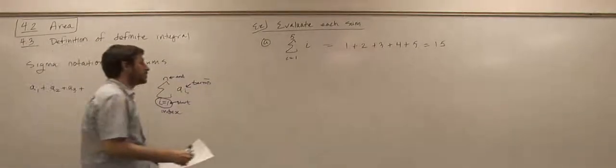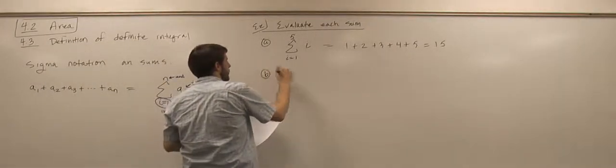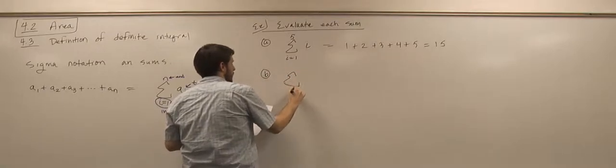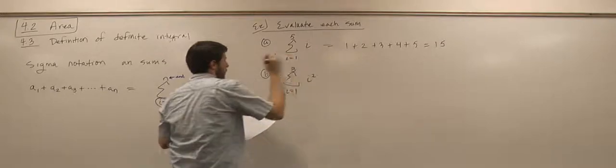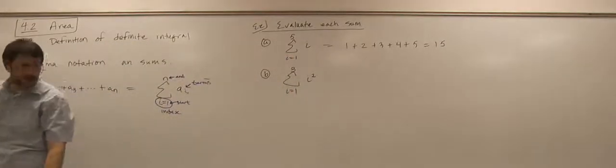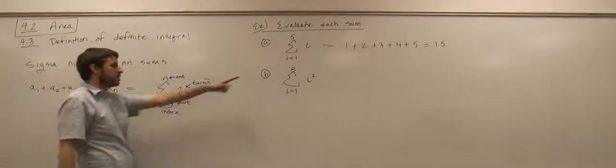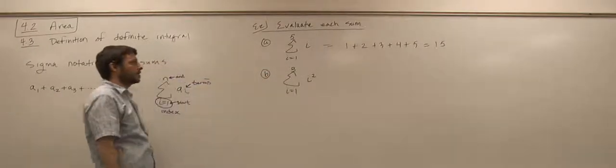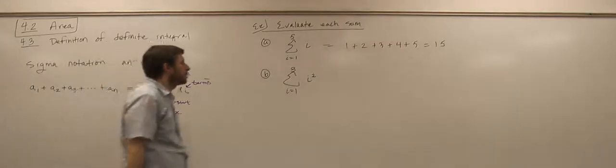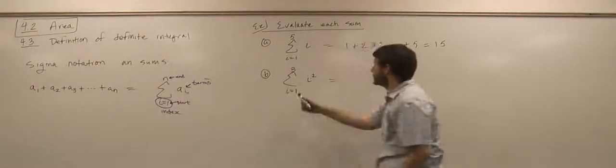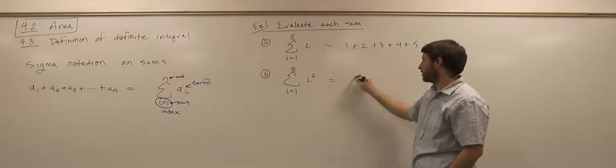So maybe that was too easy. Sum from i equals 1 to 3 of i squared. What does this mean? Start from 1, square it.